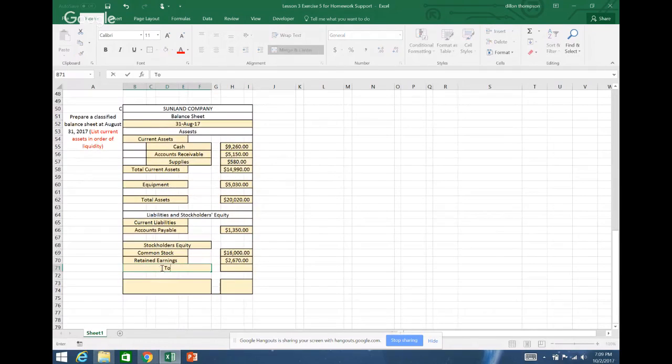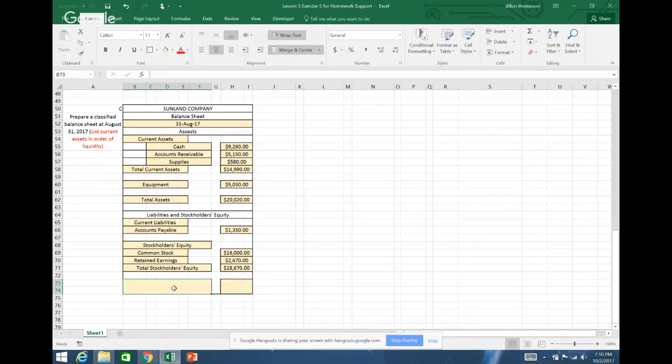We total stockholders' equity. And this comes out to be adding our common stock plus our retained earnings, 16,000 plus 2,670 to equal $18,670.